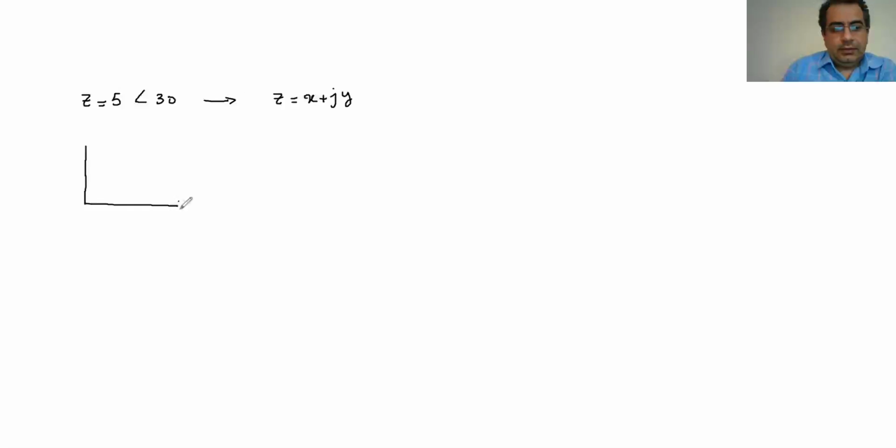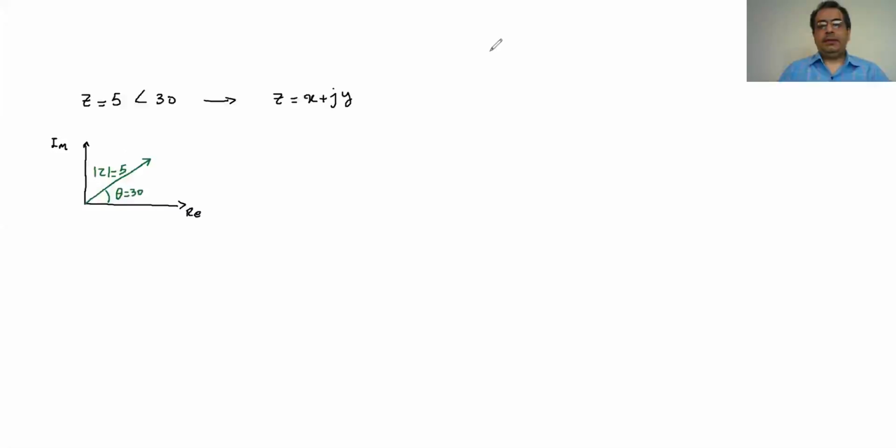So this is the real part, this is the imaginary part. The length of that is 5. This is the magnitude of the z, so the magnitude of z is 5, and the angle theta is 30.